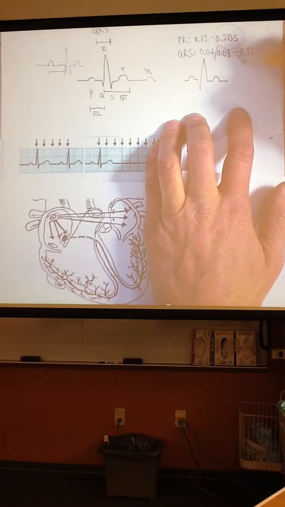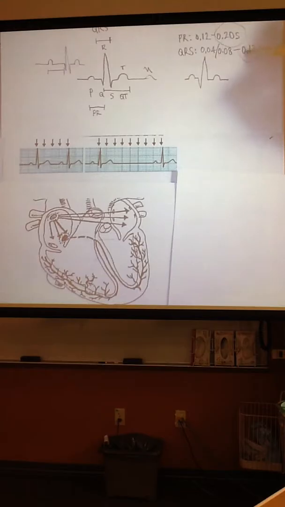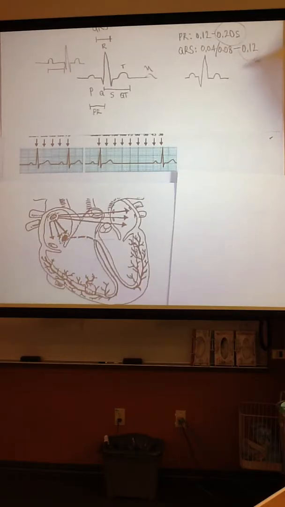Any larger than 0.12, and you're going to end up having a widened QRS that could be occurring for a number of reasons. Maybe a premature ventricular contraction is occurring. Maybe you've got some sort of VTAC going on, which really it's hard to even see what the rhythm is at that point. So this is something that you should be familiar with: you want your QRS interval less than 0.12 seconds.